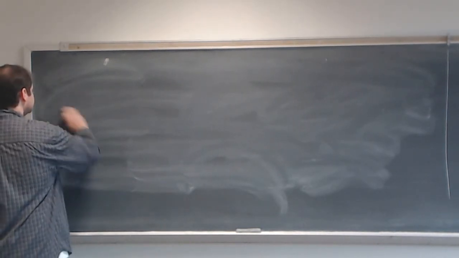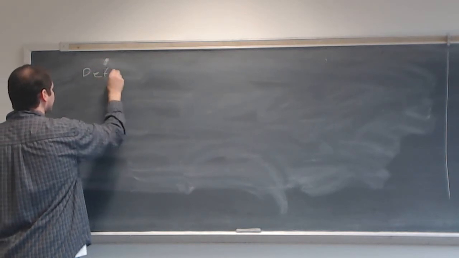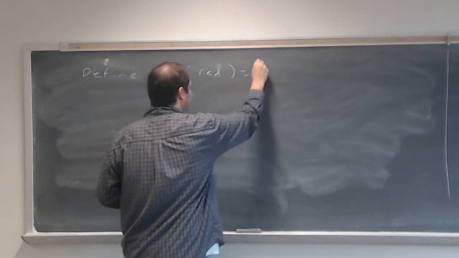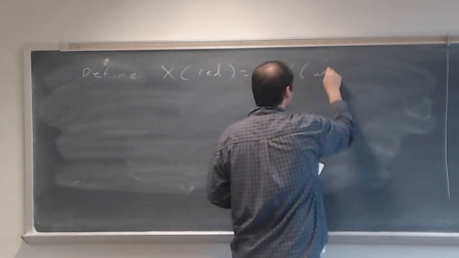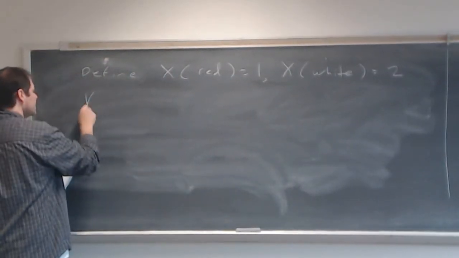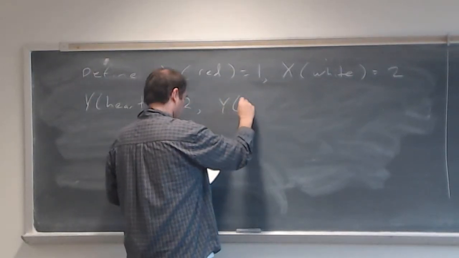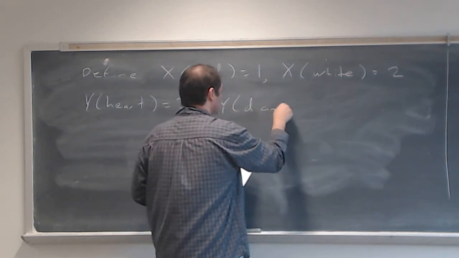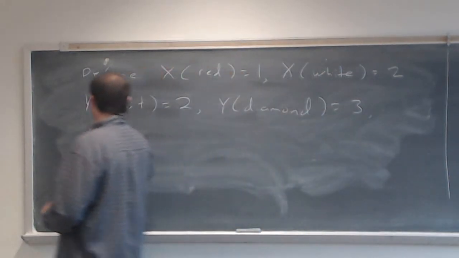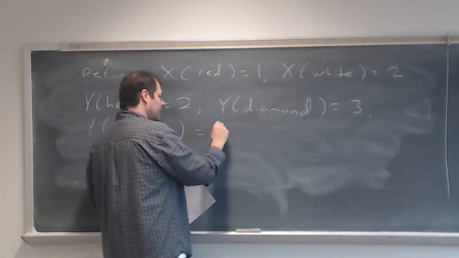Okay, define X of a red ball to be equal to 1, X of a white ball to be equal to 2, Y of a heart to be equal to 2, Y of a diamond to be equal to 3, and Y of a black card to be equal to 4.